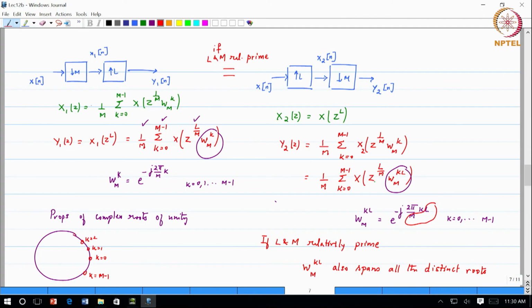That is a very, very powerful result. It says that, for example, downsampling by a factor of 2 and upsampling by a factor of 3 is the same as upsampling by a factor of 3 followed by downsampling by a factor of 2.